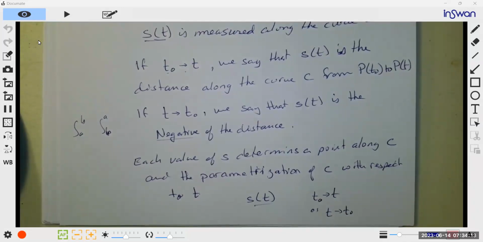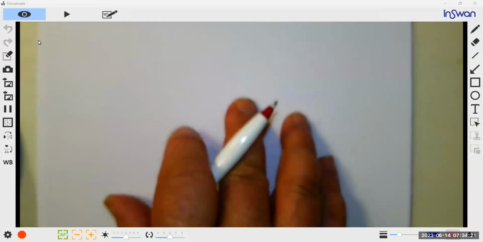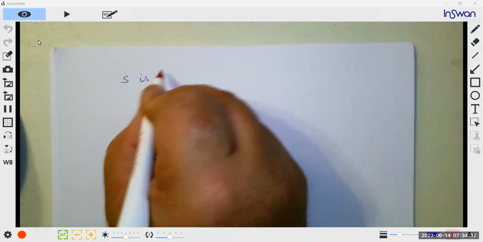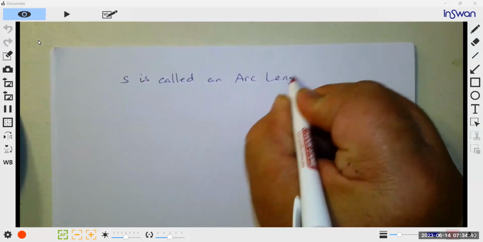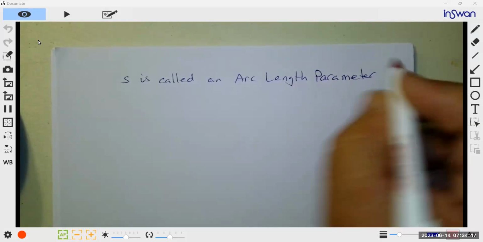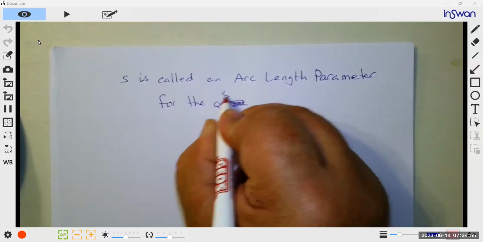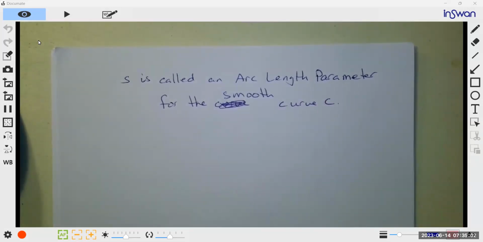We're looking at each point separately. Because of that, because it determines each point and we can measure it, s is called an arc length parameter with a smooth curve C.